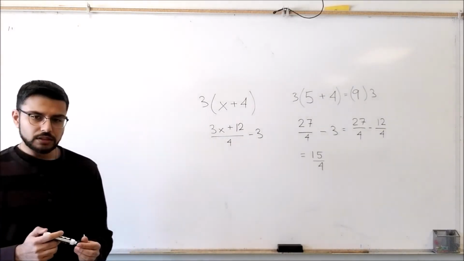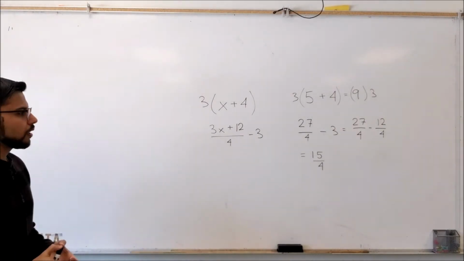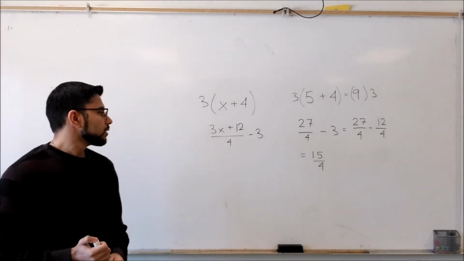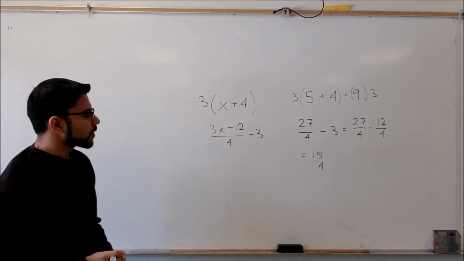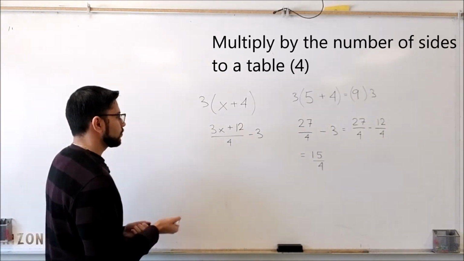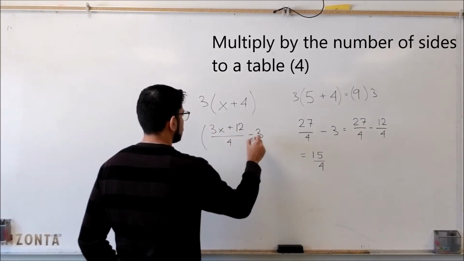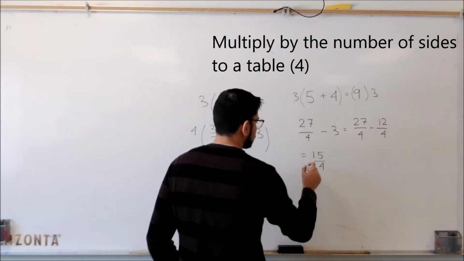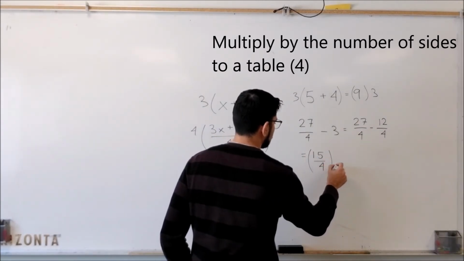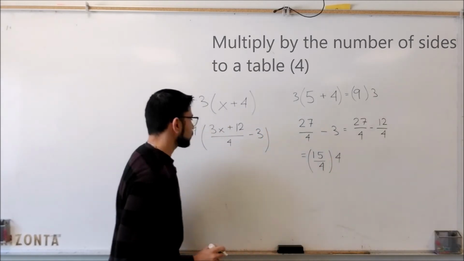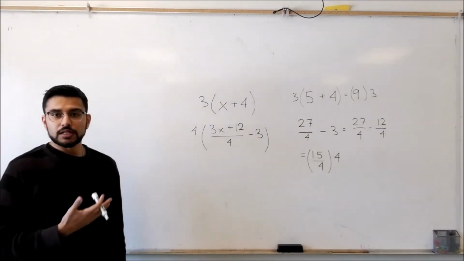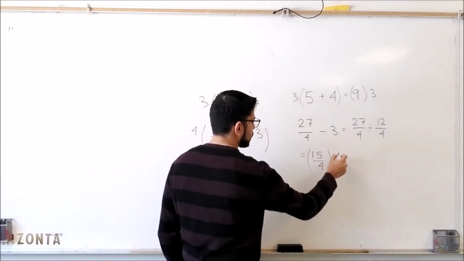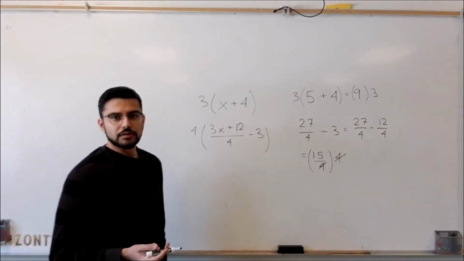Okay, let's see, how about let's multiply now by, how about the sides to a table? It's making our math a little bit ugly, but on their end, there's some canceling out.